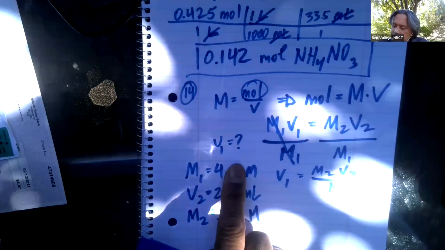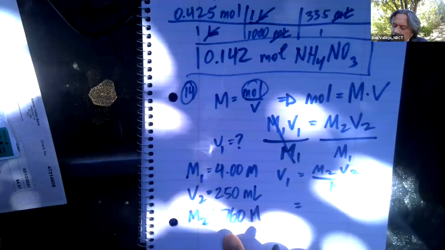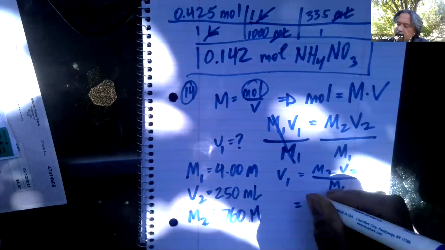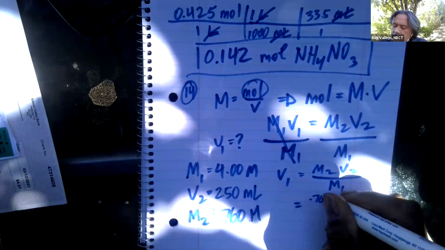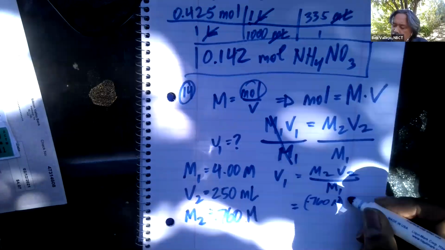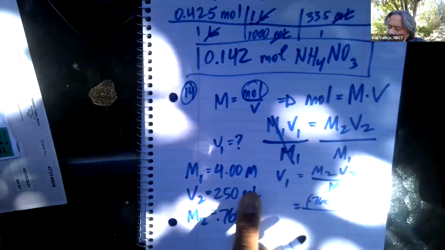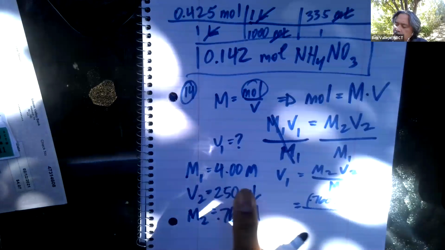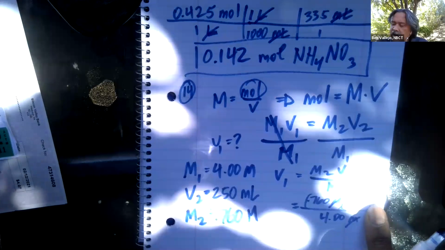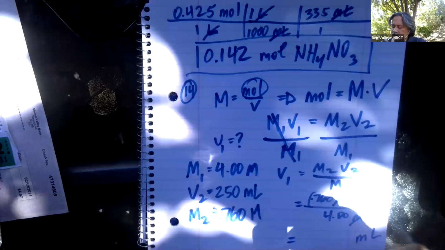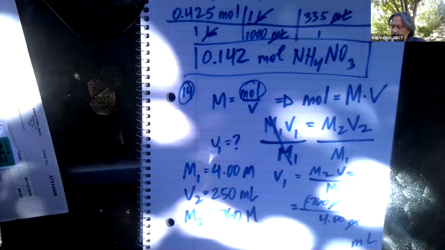So M2 is going to be 0.760 M. V2 is 250 milliliters. And that's all going to be over M1, which is 4.00 M. The molarities are going to cancel. Your answer is going to be in milliliters. And if we get the calculator out, let's see.